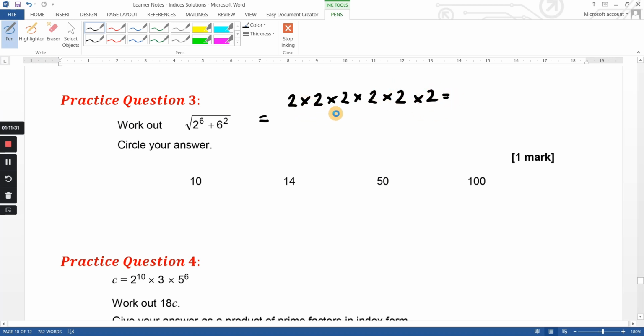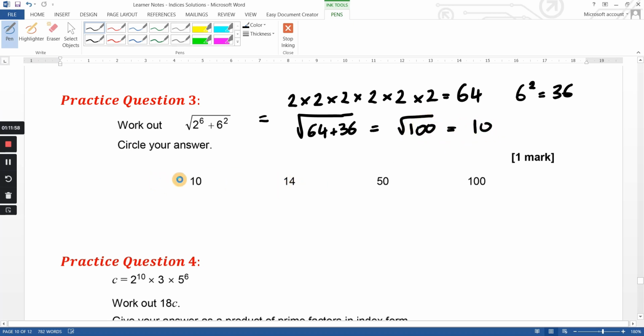So that's 4, 8, 16, 32, 64. Okay. 6 squared is 36. So it's the square root of 64 plus 36, which is square root of 100, which is 10.